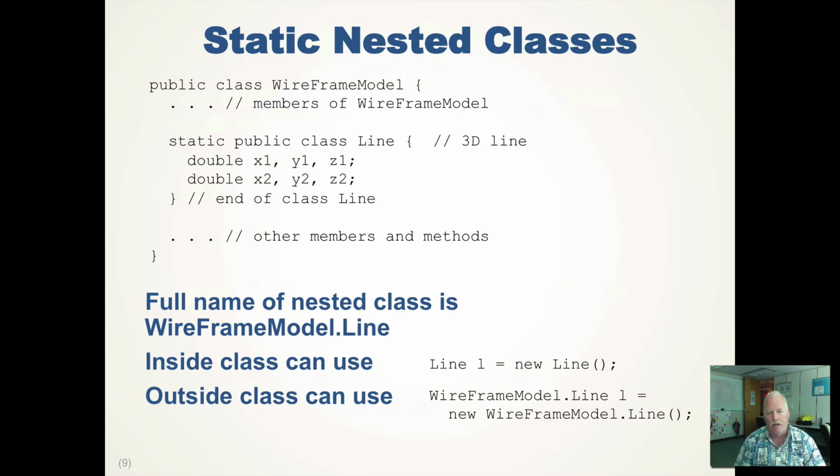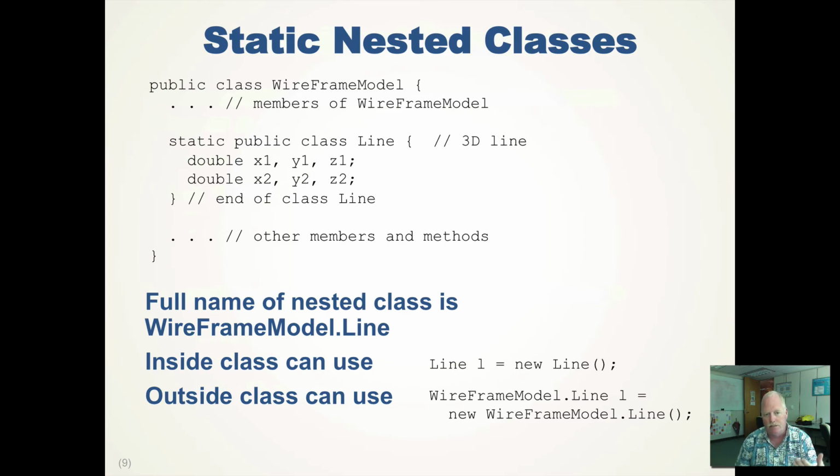Because it's public and it's static, we can refer to the line as WireframeModel.Line. If we're inside the class WireframeModel, anywhere else in the class, we can create a line by just using Line line = new Line. That is because we know we're inside our WireframeModel class.